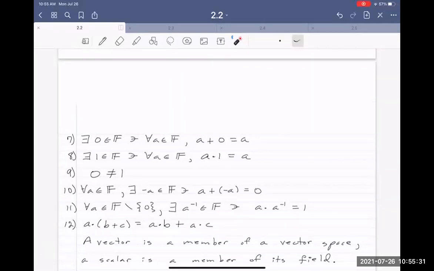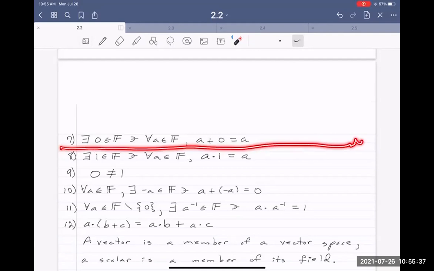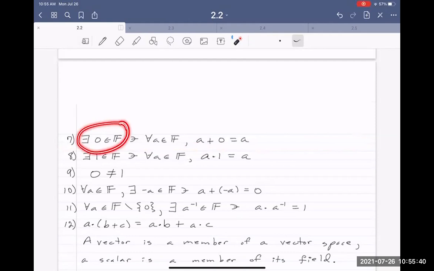The existence of an additive identity. There exists some additive identity, which we'll denote by 0, such that for every number A, A plus 0 is equal to A. So that makes this a right additive identity. But by commutativity, 0 plus A is also equal to A, and so it's also a left additive identity. So we just call it additive identity.